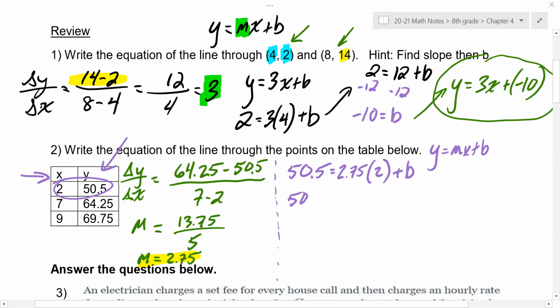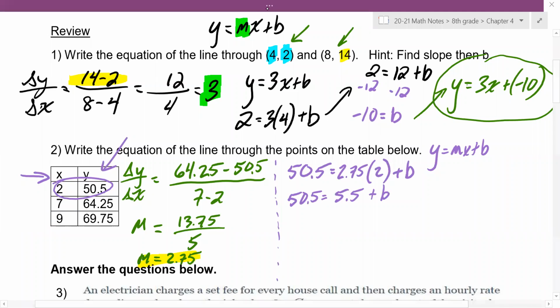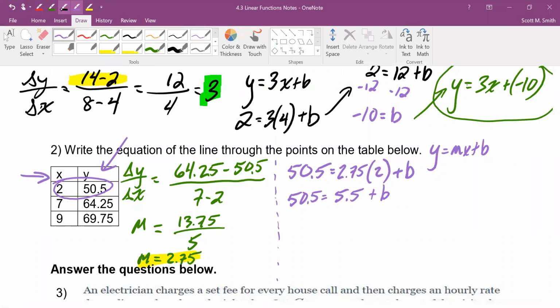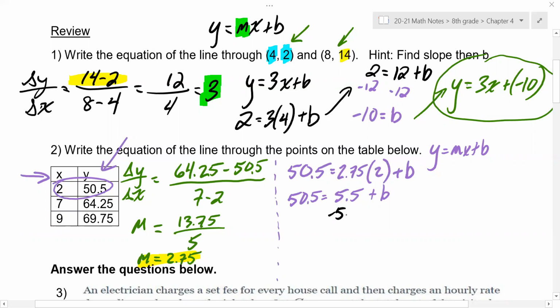And to write every step, 2.75 times 2 is 5.5. I have my b still left over there. B likes to practice social distancing by being by itself, so I'm going to subtract 5.5 from both sides.